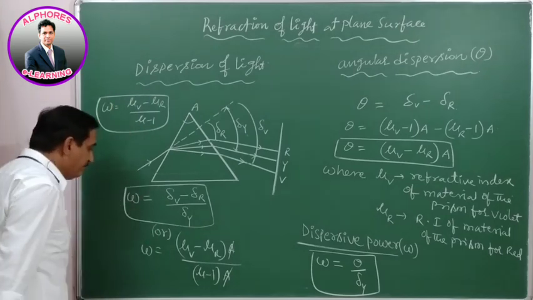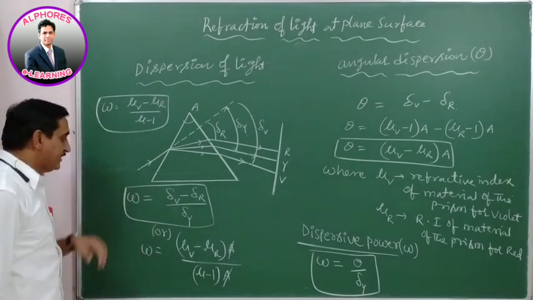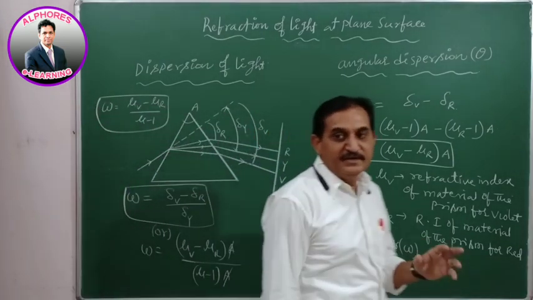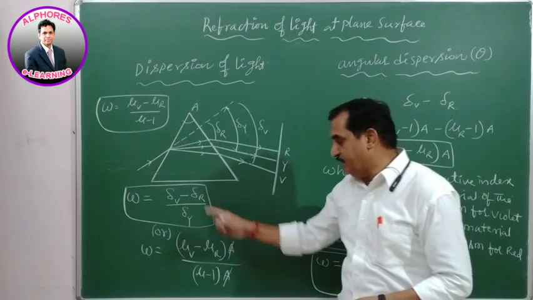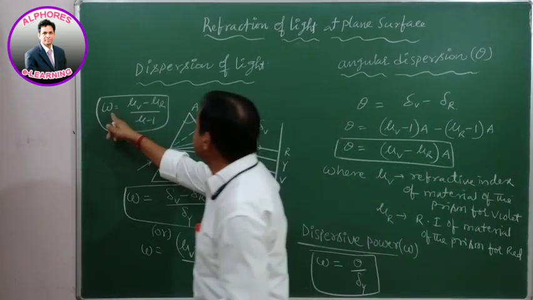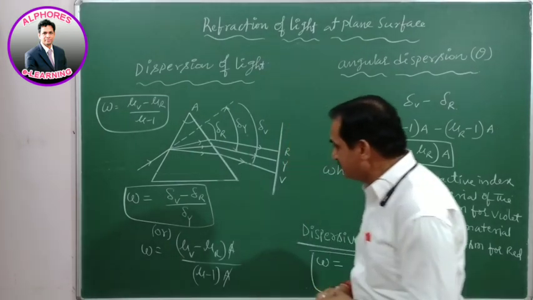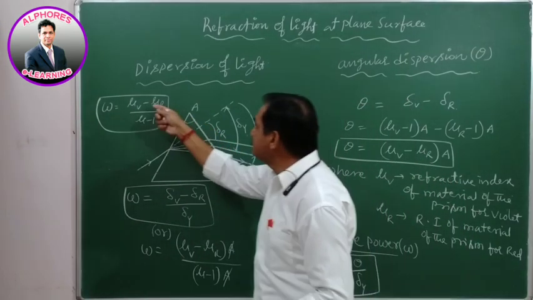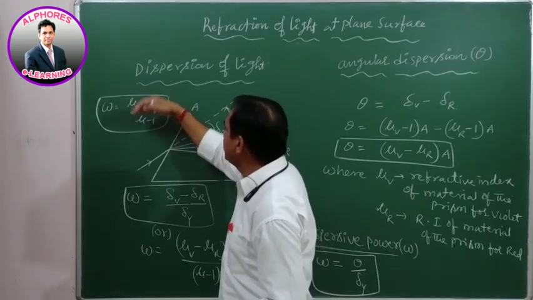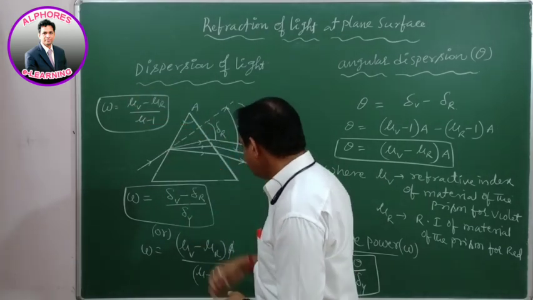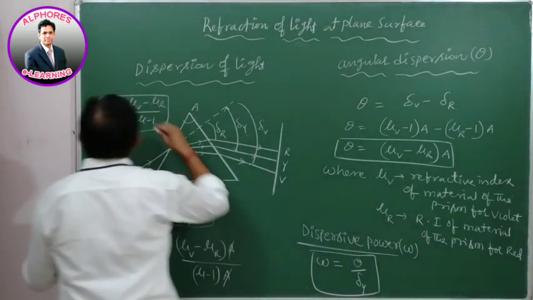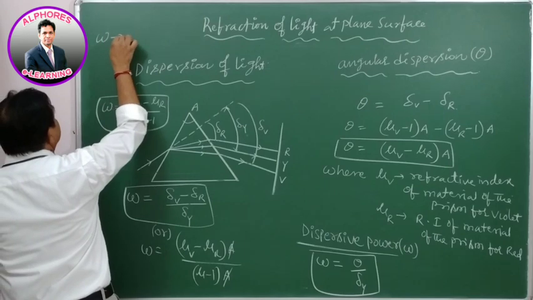This is another formula, in terms of refractive indices. The first formula is in terms of deviations suffered by violet, red and yellow, but this one is in terms of refractive indices. Whether you take this formula or that formula, you get the same answer. Here it is the ratio of refractive indices, there it is the ratio of deviations. Therefore, omega has no units and dimensions.